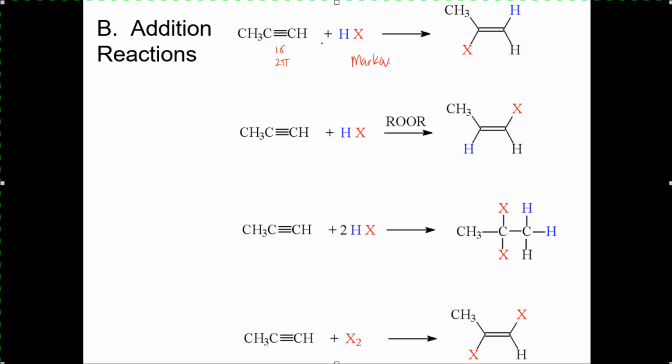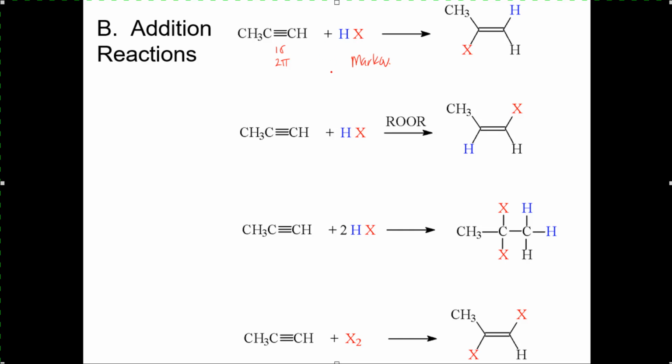So if you add one equivalent of HCl or HBr to the triple bond, we're basically going to add H and the Cl or Br Markovnikov to form the double bond, because one pi bond in the triple bond will then become a double bond.